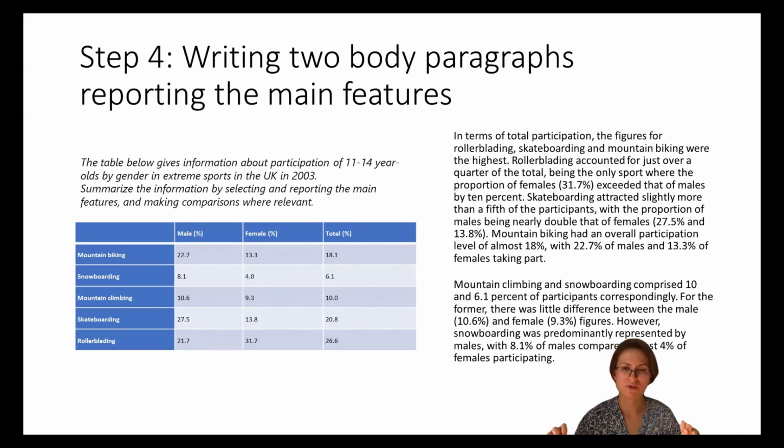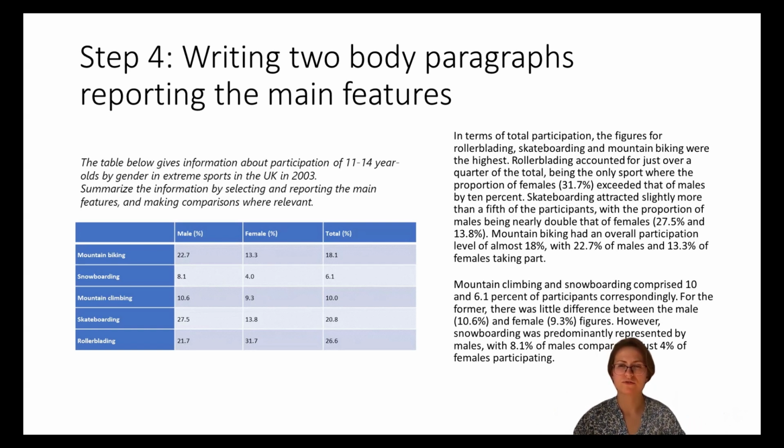Remember, it's important to include specific data to support your claims. So, this is what I have. In terms of total participation, the figures for rollerblading, skateboarding, and mountain biking were the highest. Notice that I start with a topic sentence, which gives us the idea of what the rest of the paragraph is going to be about.